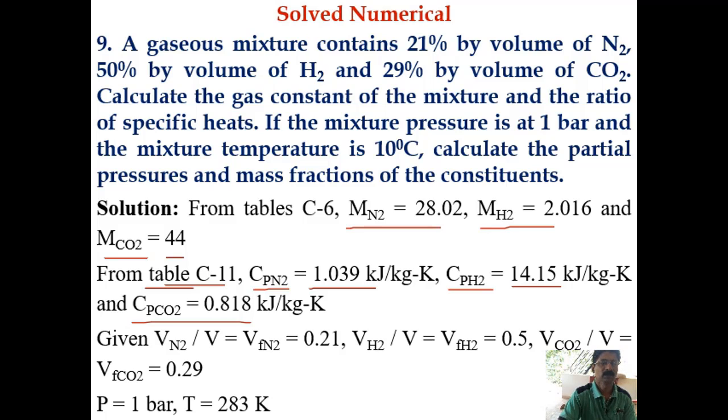Now you are given the volume fractions. V of N2 is 0.21, which is the volume of nitrogen to the total volume. Similarly, V of H2 is VH2 by V, and V of CO2 is VCO2 by V, which is given as 0.29. Pressure is 1 bar, temperature is 283 Kelvin.